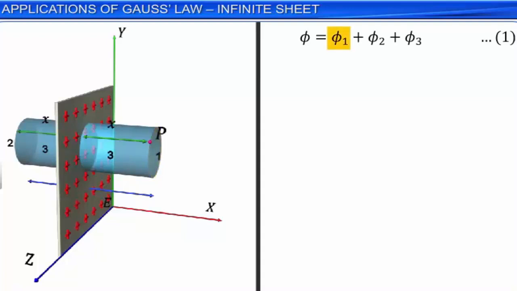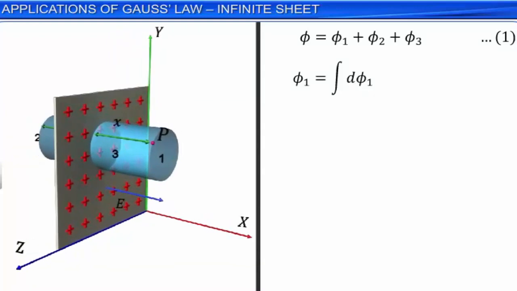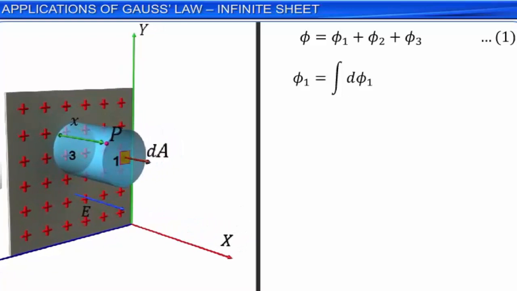According to Gauss' law, we can write phi 1 equal to integral d phi 1. Here, d phi 1 is the electric flux through a small element of area dA on surface 1. d phi 1 is equal to E dot dA, where E is the electric field strength at the local element considered, and dA is the area vector with respect to the local element considered.